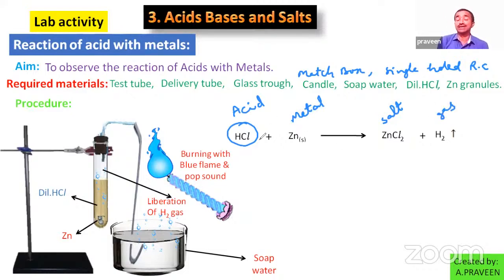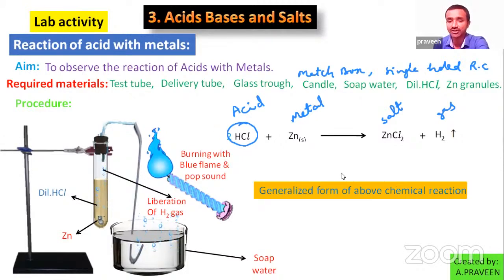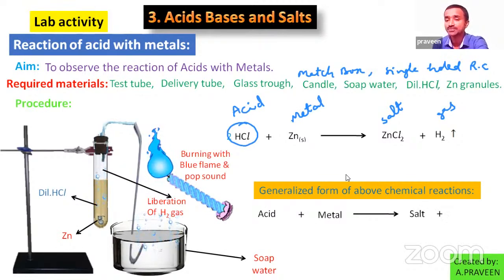Observing these reactants and products, I can generalize this reaction. From the above reaction, the generalized reaction we are able to write is: acid reacts with a metal to produce salt and a gas. So this is the generalized reaction or equation.